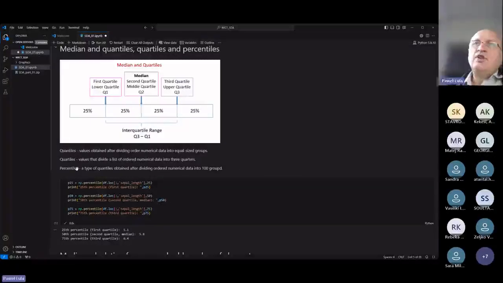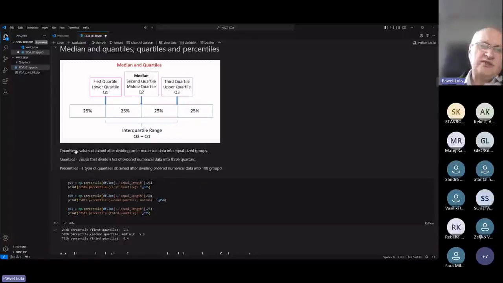Percentiles belong to a group of measures which are called quantiles. We have many types of quantiles. It is a general concept, but its interpretation is very easy.